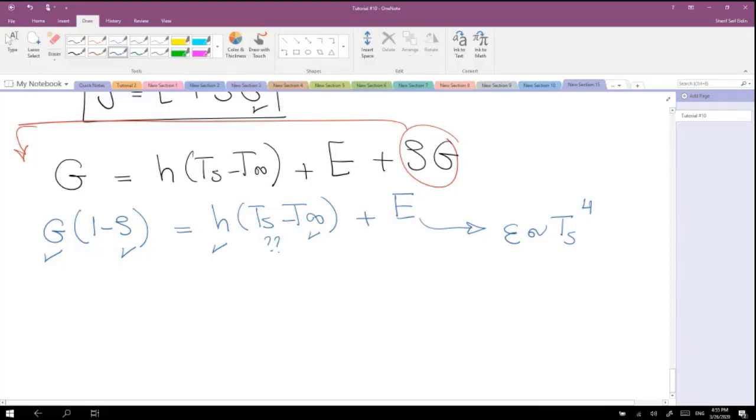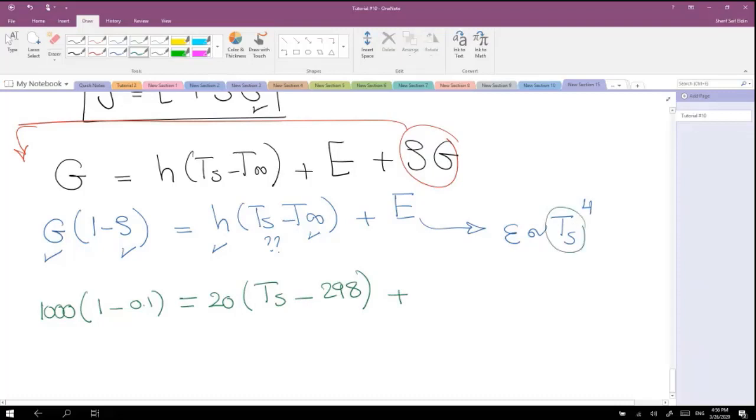So we're going to be left with an equation that has only T surface as an unknown. G was 1000, times 1 minus 0.1, is equal to H, the heat transfer coefficient, which was 20, times Ts minus T infinity. Let's write it in Kelvin, so the only unknown is going to be in Kelvin.